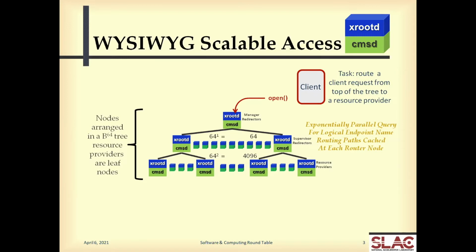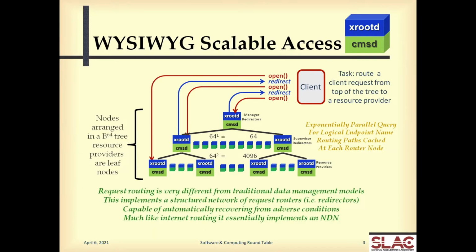Now, which ones are the routers? Anything that says redirector is essentially a router. So it goes back to the client and says, oh, by the way, this is your next hop that you need to go to. That hop says, oh, look, I just found you a resource provider, and the client goes off and does whatever it needs to do.